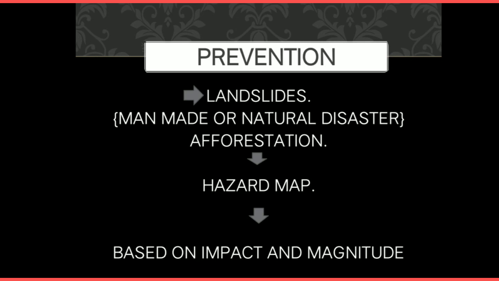We can do this afforestation using a vulnerability profile, that is, a hazard map. Based upon the impact and the magnitude in the locality, we can adopt the afforestation process in order to prevent landslides from happening.